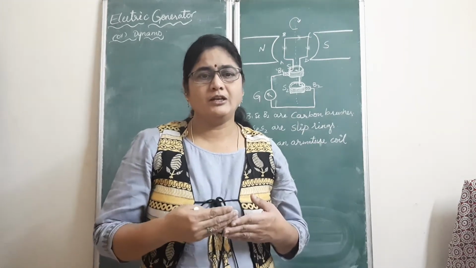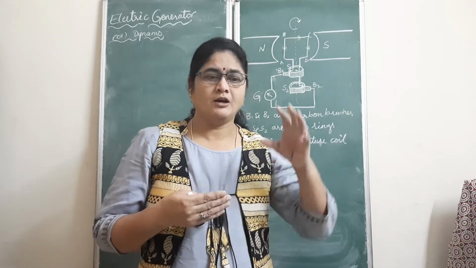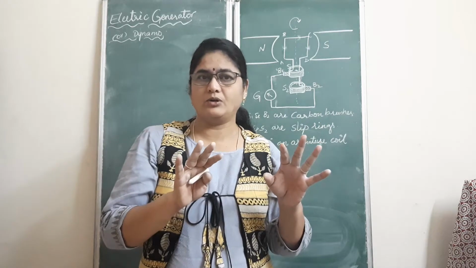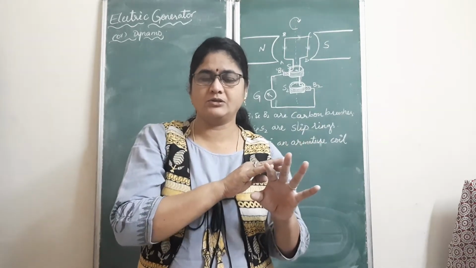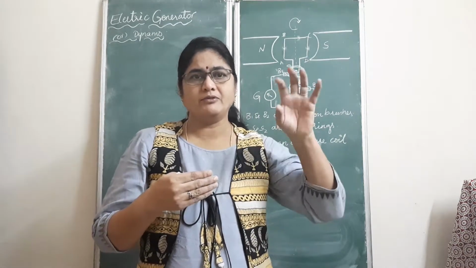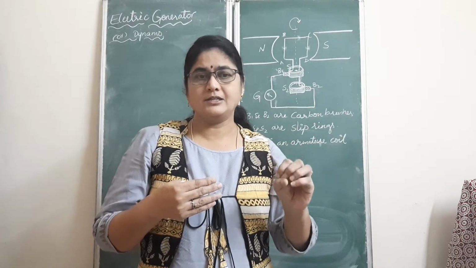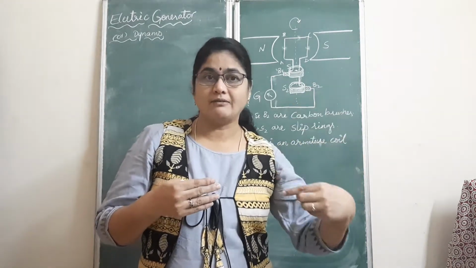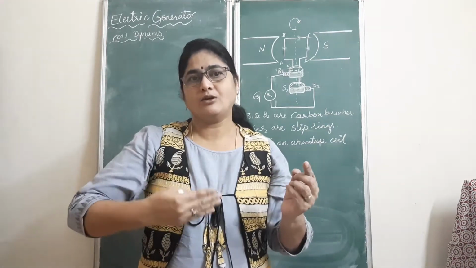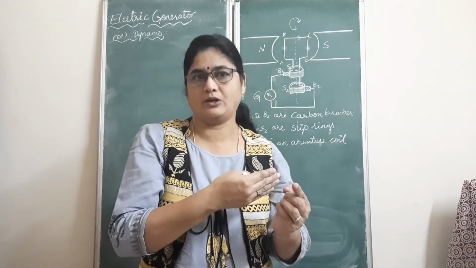On the other hand, we have also seen mutual induction. Mutual induction is nothing but here we are sending current through one coil, the primary coil, and we are keeping another coil close to it. The second coil which we are keeping is called a secondary coil. Whenever we change the current passing through the primary coil, the magnetic field developed around it also changes. As a result, the secondary coil is present in the changing magnetic field of the first coil.